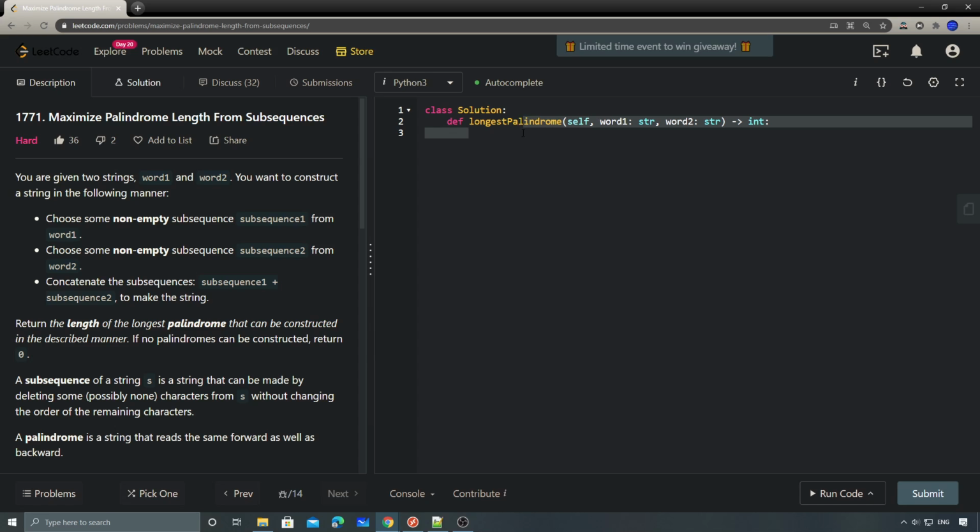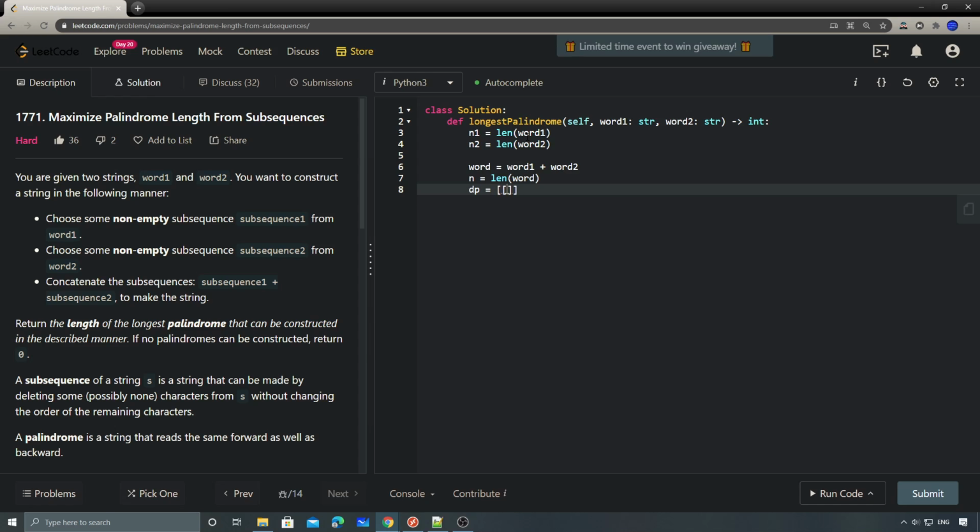Cool, so I think that's basically the idea here. So to do the coding, we have the length of word 1, and the length of word 2. We have word equals word 1 plus word 2, and n equals the length of word.